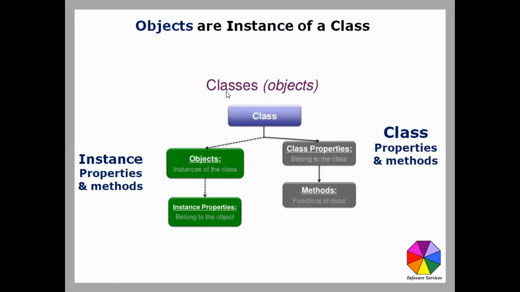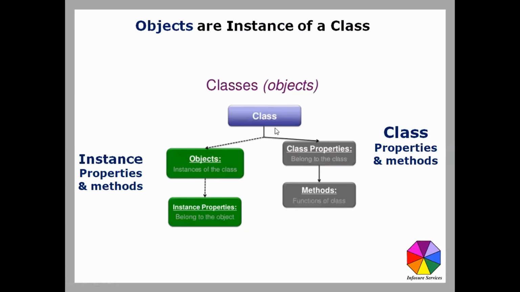So let's look at objects a little further. Now here I have a class and an object. I can have multiple instances of that class. Each instance is called an object.